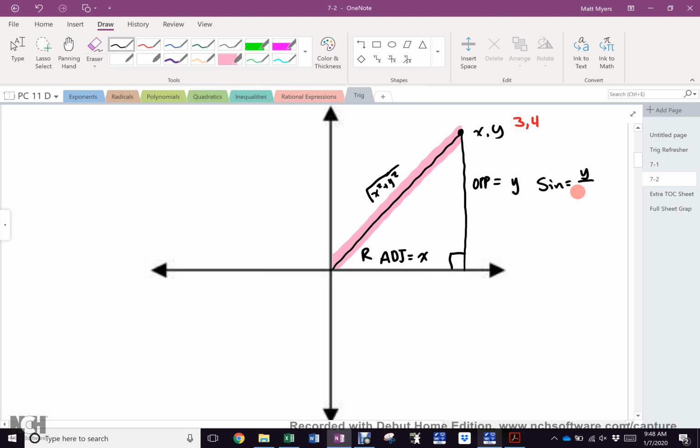Square root of x squared plus y squared, right? What is cos? Adjacent, but adjacent is what now? x over the square root of x squared plus y squared. And then what is tan?